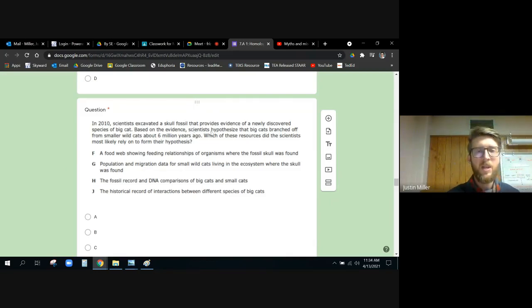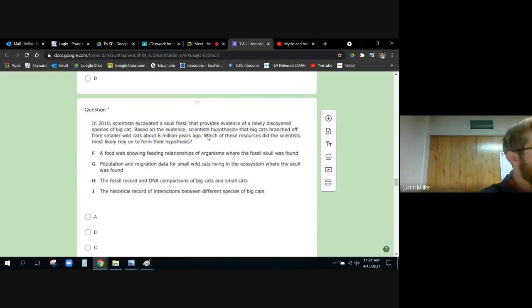Based on this evidence, scientists hypothesized that big cats branched off from smaller wild cats about 6 million years ago. So once they found this big skull of this new species of big cat, they were like, okay, this is about 6 million years old. This must be when big cats branched off from smaller cats.